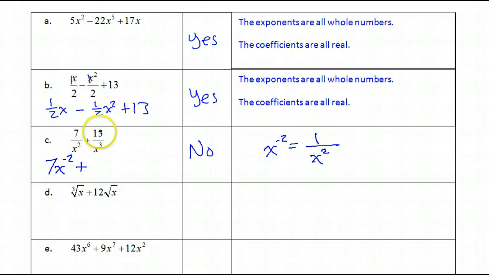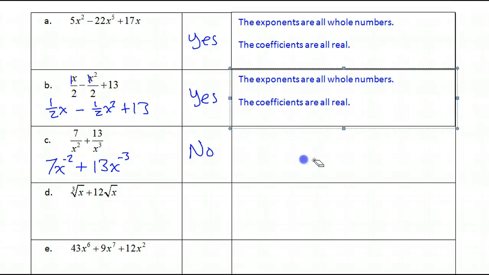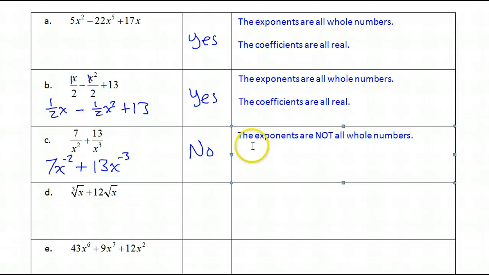So in the same way, this second term is the same thing as 13x to the -3 power. So -2, -3, these are not whole numbers. Whole numbers do not include the negative numbers. So we could say no, because the exponents are not all whole numbers. It fails that first test right there.